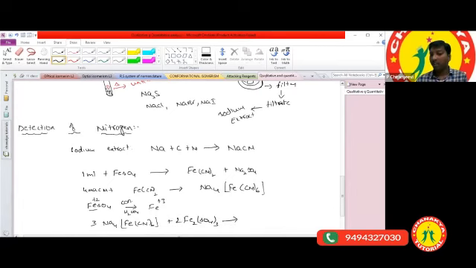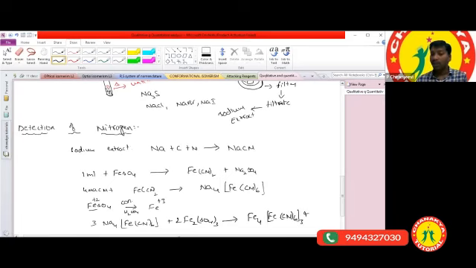If it is treated with ferric sulfate, it forms Fe4[Fe(CN)6]3.